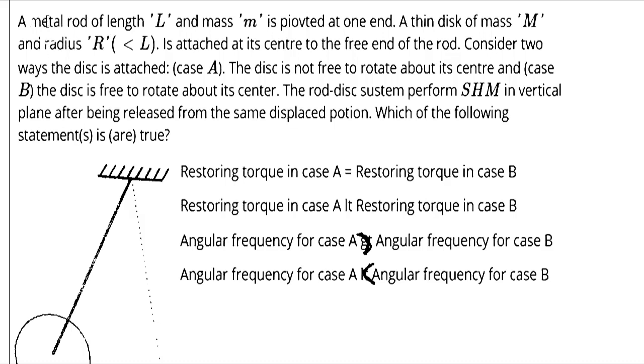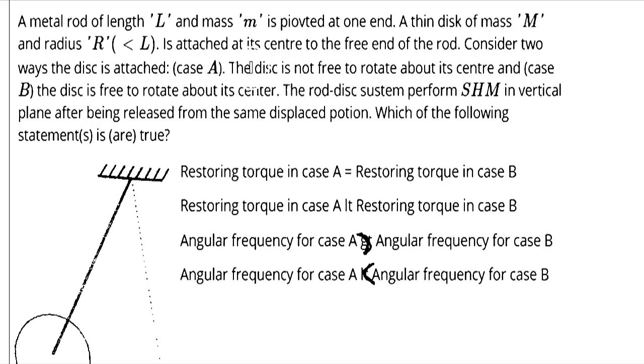Hello everyone, in this question we are given that there is a metal rod of length L and mass small m pivoted at one end. A thin disk of mass capital M and radius capital R is attached at its center to the free end of the rod. Consider two ways in which the disk is attached.